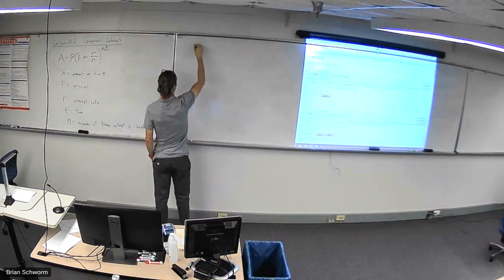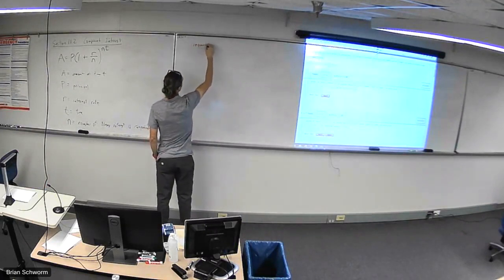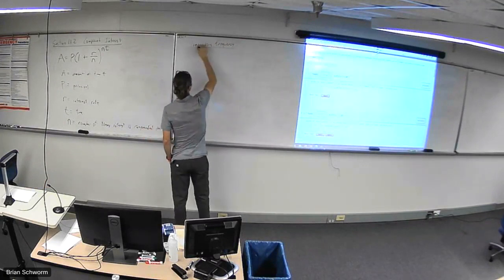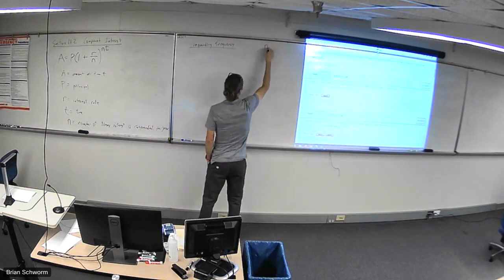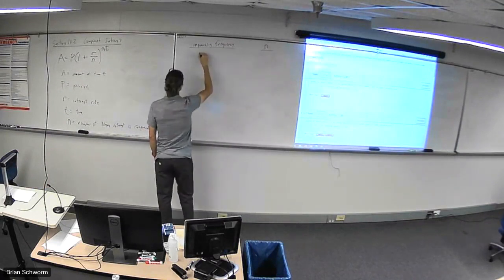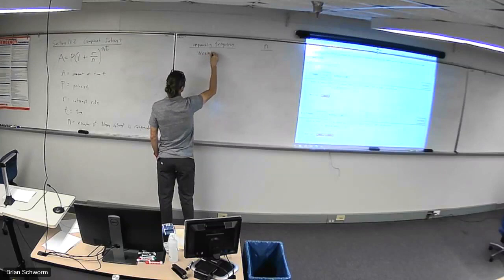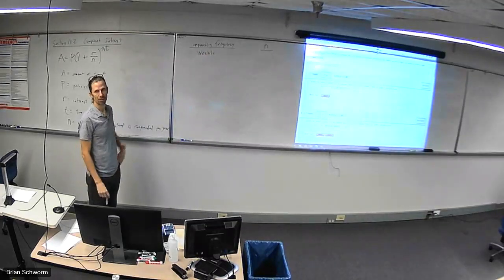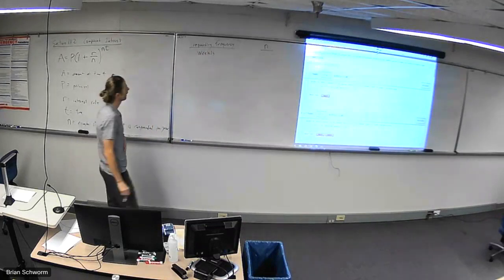I'll make a little table here: compounding frequency, I'll call it, and the corresponding n. So if they said weekly, 52. There's 52 weeks in the year.